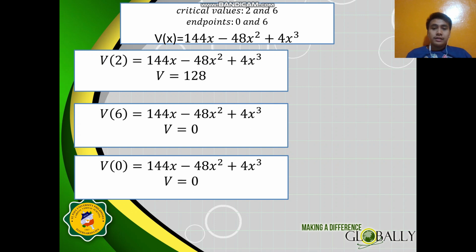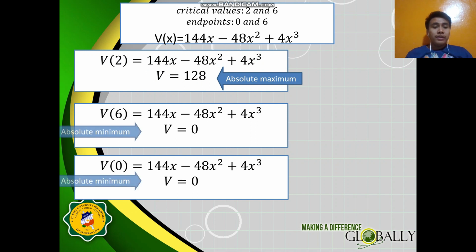The absolute maximum is 128, because it is the highest value when we substitute 2 as the value of x. And what do you think is our absolute minimum? Okay, it's 0. So you might be wondering why there are two different places of our absolute minimum.